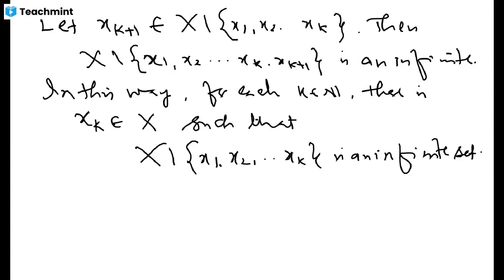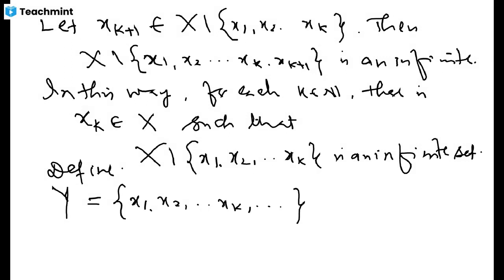So what I'm going to do is define a set Y equal to the set of these elements x1, x2, and so on up to xk, because you're able to choose these. Now we will establish that this Y is an infinite set, and you know this because of the theorem that we just showed.